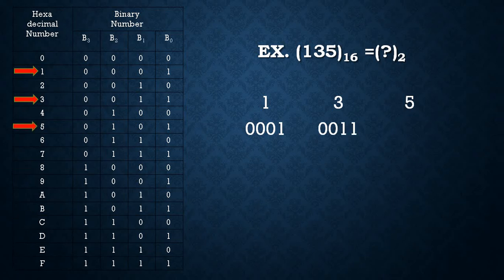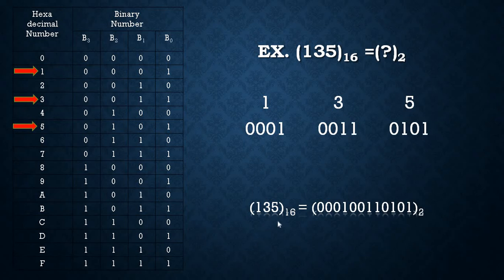For 5 we get the binary data 0101. We write it here. Again we combine those binary data to show the conversion of hexadecimal to binary. So we write the result: 135 to the base 16 is equal to 0001 0011 0101 to the base 2.